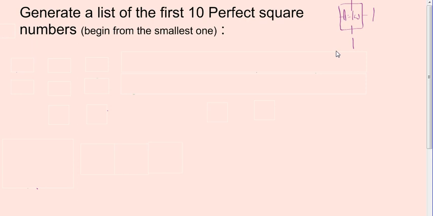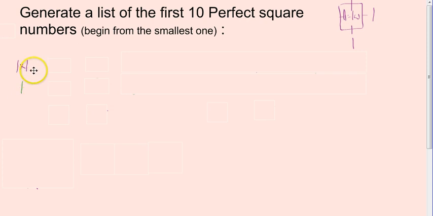If you think about a square where the measure of one side is 1 and the measure of the other side is 1, then to find an area of such square you would have to multiply length and the width. So when you multiply 1 times 1, the result of course is 1. Therefore 1 received the name of a first perfect square number.